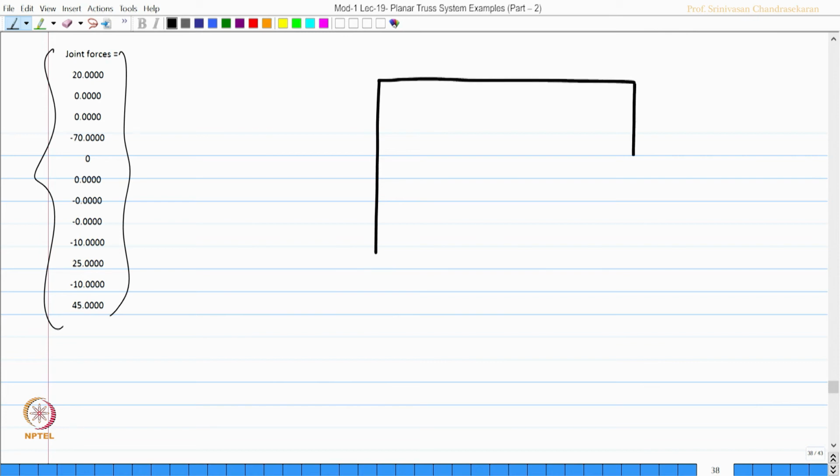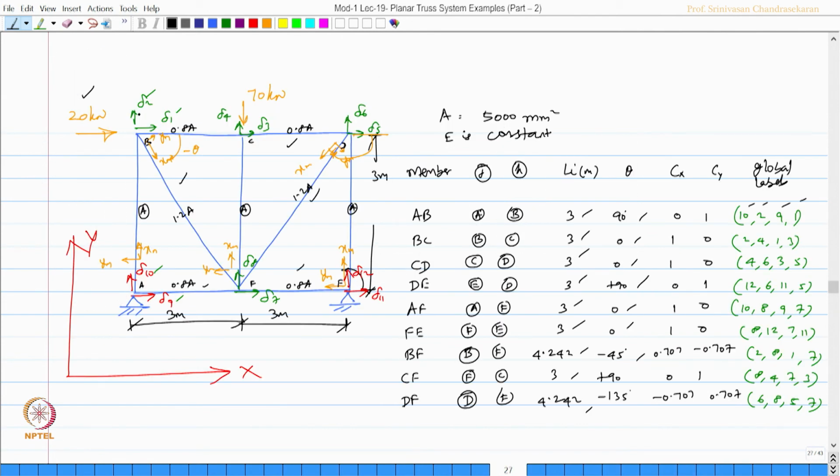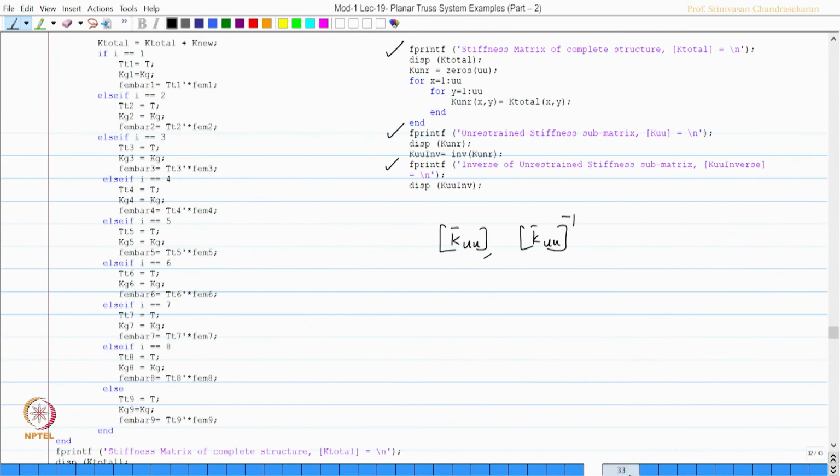This is the truss system I have. The degrees of freedom, you can check once again, are 1, 2, 3, 4 and so on. So, let us mark them here accordingly.